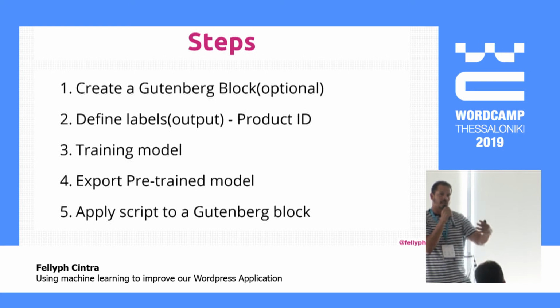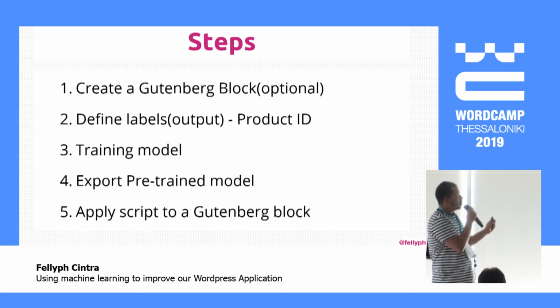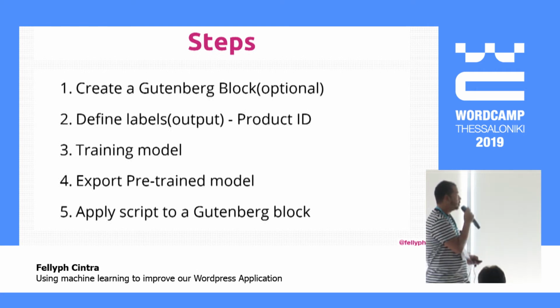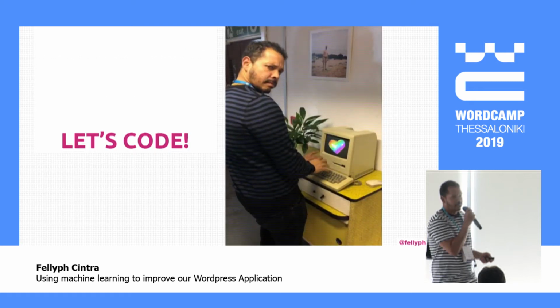So the machine learning has that data: when someone shows me the Martian, the book, I will look for that information. If it matches, I have 99% or 80% confidence that it's the right book. After I export everything, I just take the whole pretrained model and push it inside a script in my Gutenberg block. So, let's code.